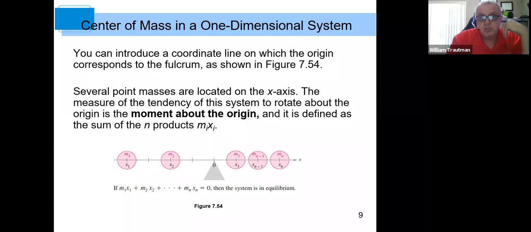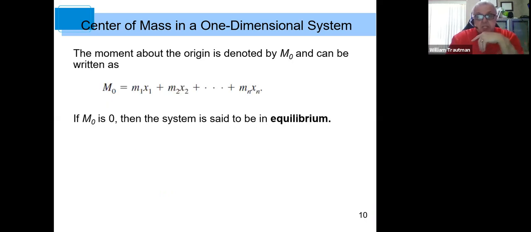So if we introduce the x-axis line, a coordinate line, where 0 is going to be the fulcrum, we end up with this formula. The momentum about the origin is adding the mass times the distance together.